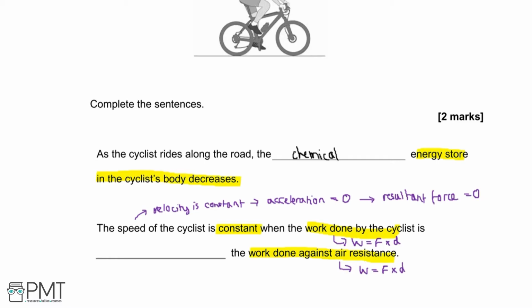Therefore, the forces must be the same for the resultant force to be 0. Therefore, the work done by the cyclist and the work done against air resistance has to be the same, because the work done must be the same if both the force and the distance are the same. Therefore, our answer is that the work done by the cyclist is equal to the work done against air resistance.